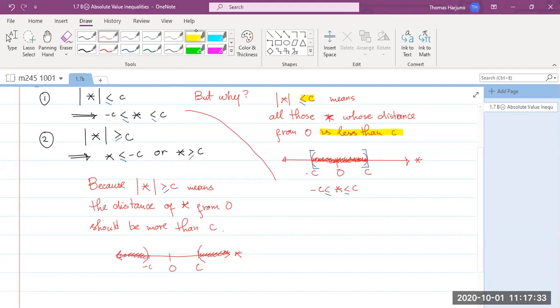So in other words, if you pick any number here, the distance from this point to 0 is more than c. The distance from this point here to 0 is more than c.